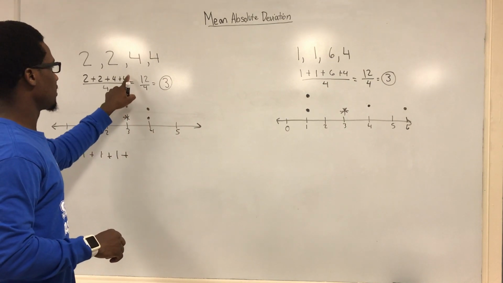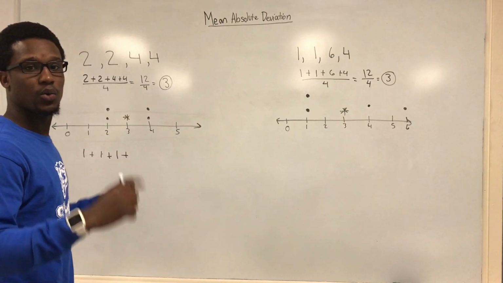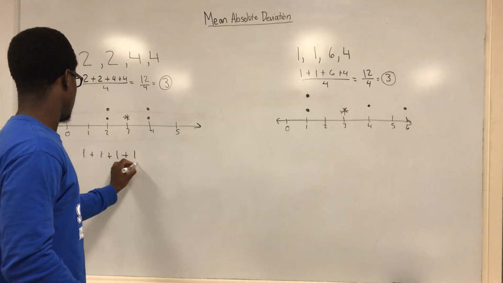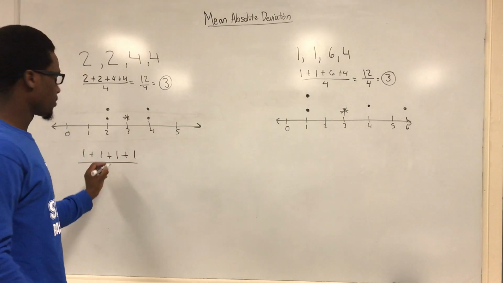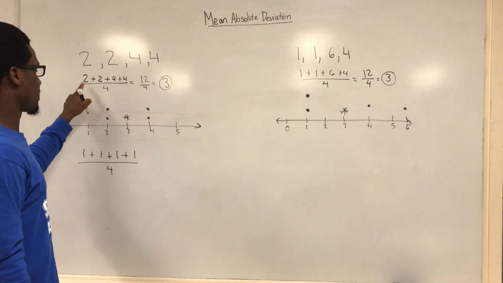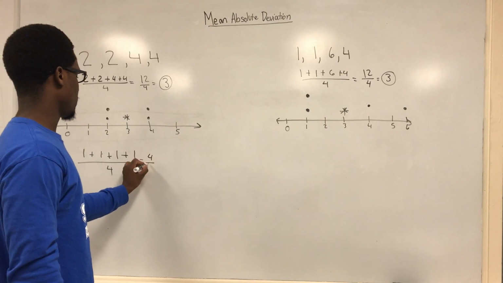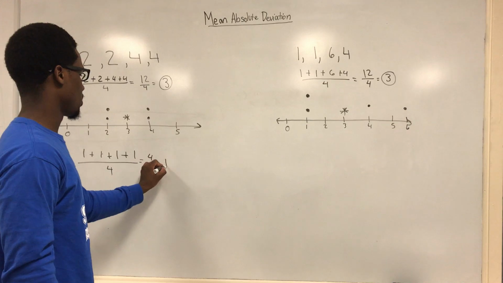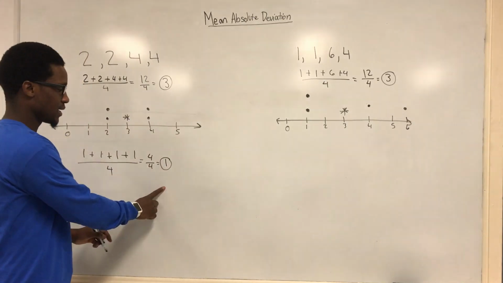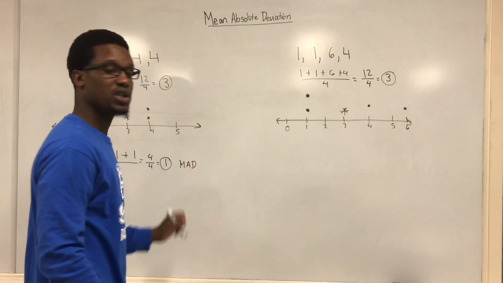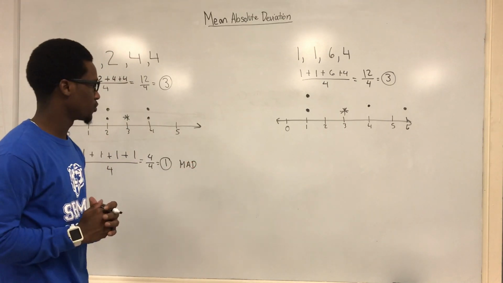And then lastly, to get from 4 to 3, we're taking away 1 again, but the absolute value of 1 is 1. So we're going to take all of those numbers and divide by the total amount that we have, 1, 2, 3, 4. So we have 4 over 4 is going to be equal to 1. So in this case, my mean absolute deviation is just going to be 1, okay?